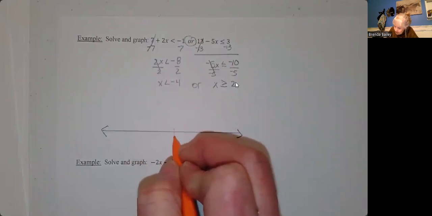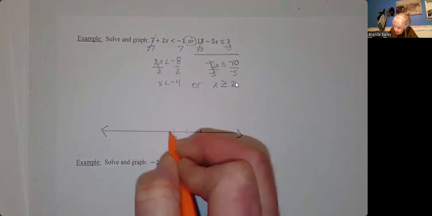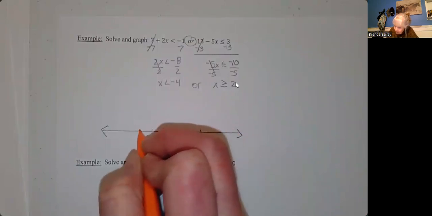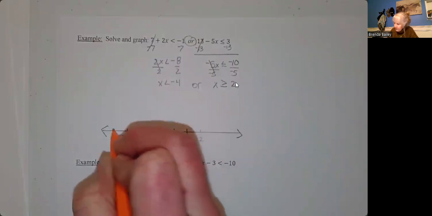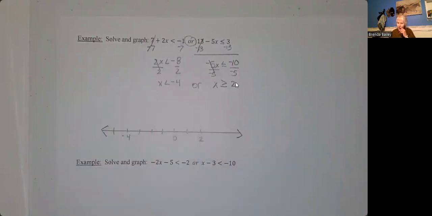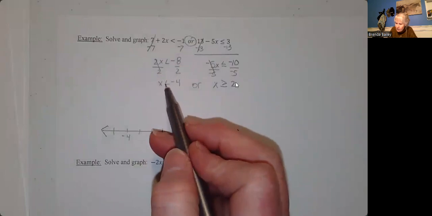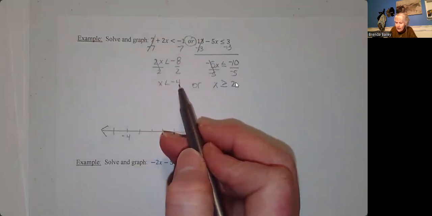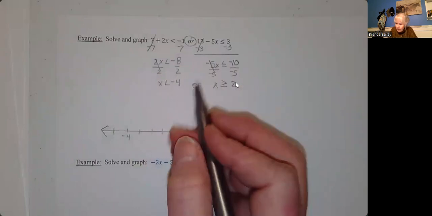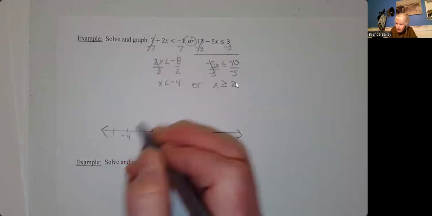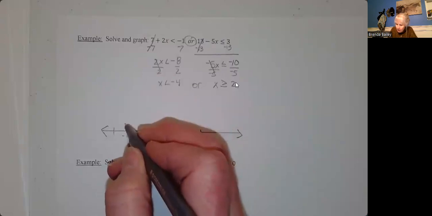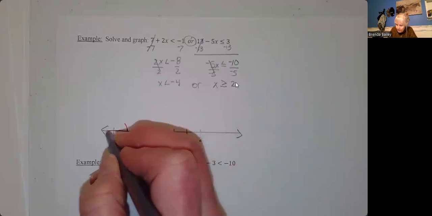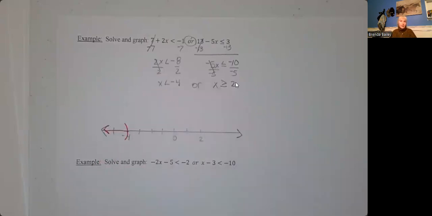We'll put 0, 1, 2, -1, -2, -3, -4. Let's start with the -4. We want x's that are smaller than -4, not including, so we're going to use a parenthesis, not a bracket. x's smaller go to the left, so it goes in that direction.